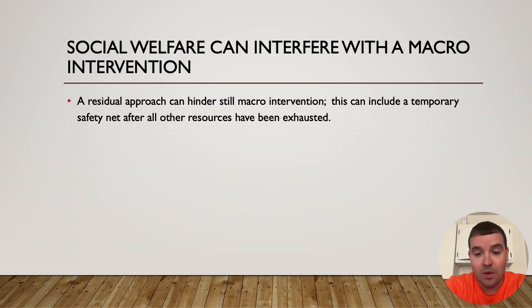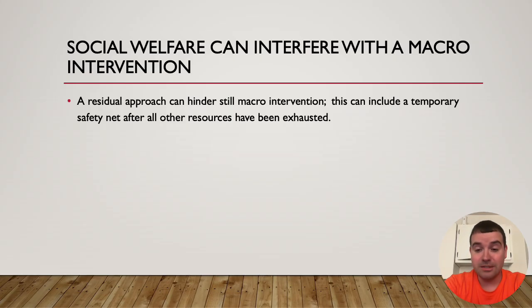Next, we can talk about social welfare. It could definitely interfere with a macro system. I love the residual approach because it's one that actually can hinder my intervention. The residual approach is an option that is used if all other options are already used.